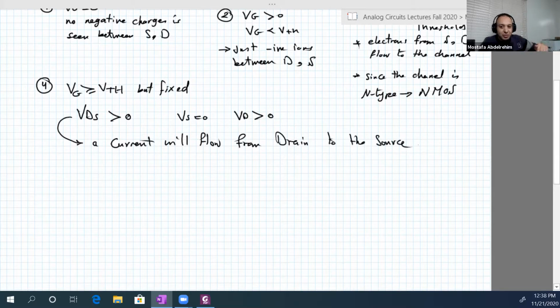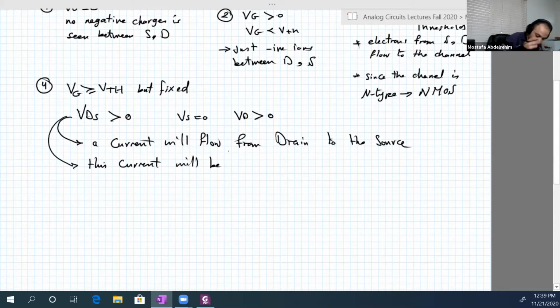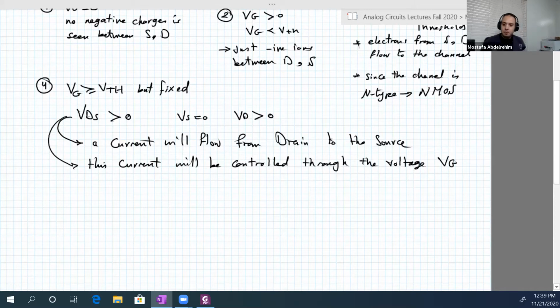And this current can be controlled through the voltage Vg. And all the time we relate the voltages to the source.